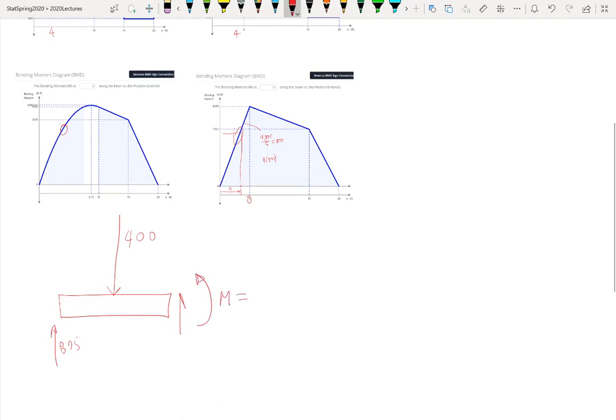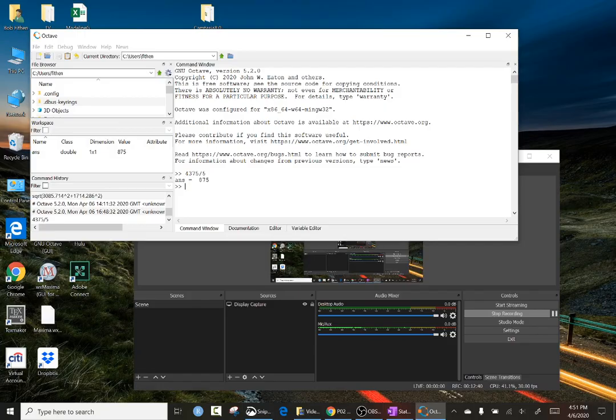Remember, this is 4. So the moment sitting over here is going to be 875 times 4 minus 400 times 2, or I think I just typed in 2700.